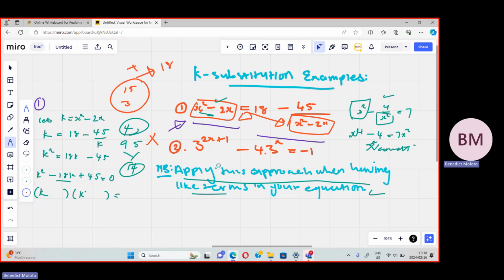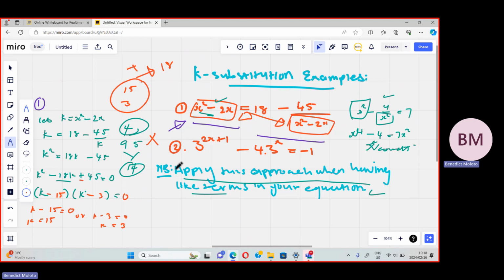Remember, the middle term is negative and the last is positive, so both are negative: K minus 15 times K minus 3 equals 0. Then K minus 15 equals 0, so K equals 15. Or K minus 3 equals 0, so K equals 3.